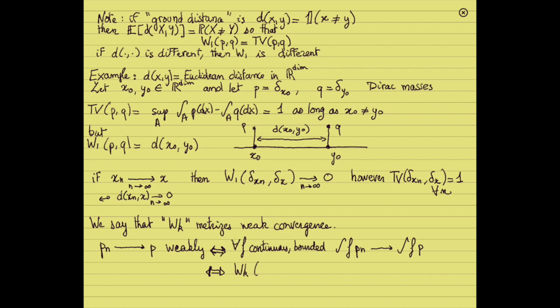And so if you have this, and the two distributions P_n and P are in the space P_k, then the Wasserstein distance between P_n and P goes to 0 as well. So that's what is meant by W_k metrizes weak convergence, contrarily to the total variation distance.